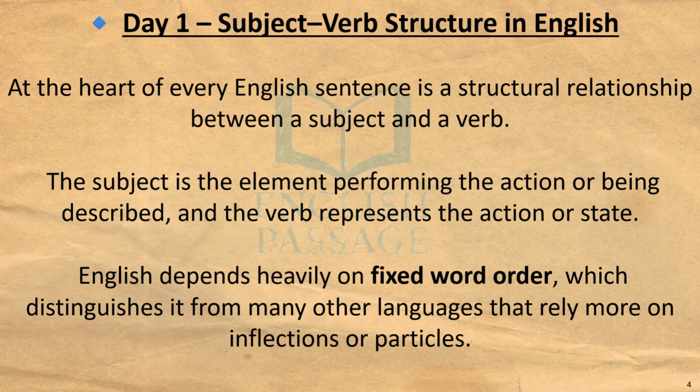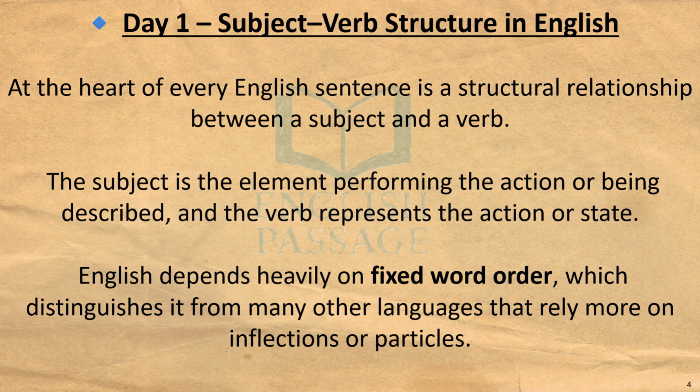Day 1. Subject-verb structure in English. At the heart of every English sentence is a structural relationship between a subject and a verb. The subject is the element performing the action or being described, and the verb represents the action or state.